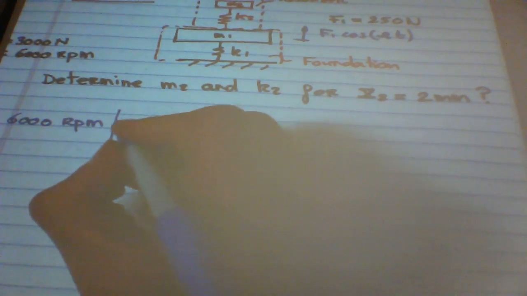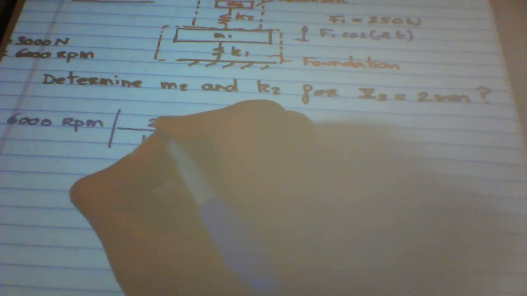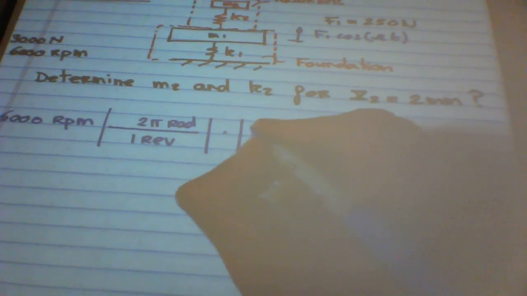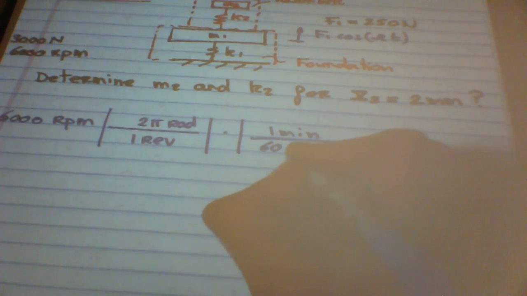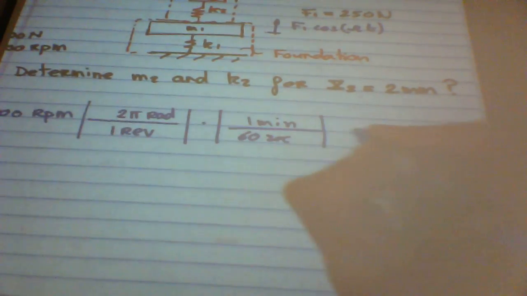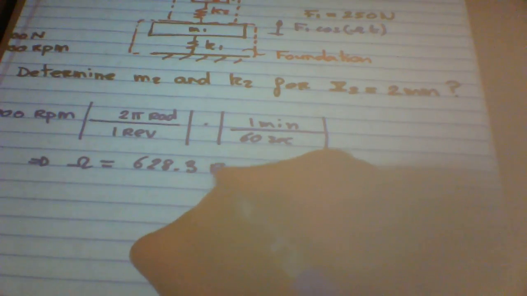So how can we do that? Divide by 60 and multiply by 2 pi? Yeah, one revolution will be 2 pi radians, no? And 1 minute will be 60 seconds. So from here, we'll get that the capital omega is 628.3 radians per second.